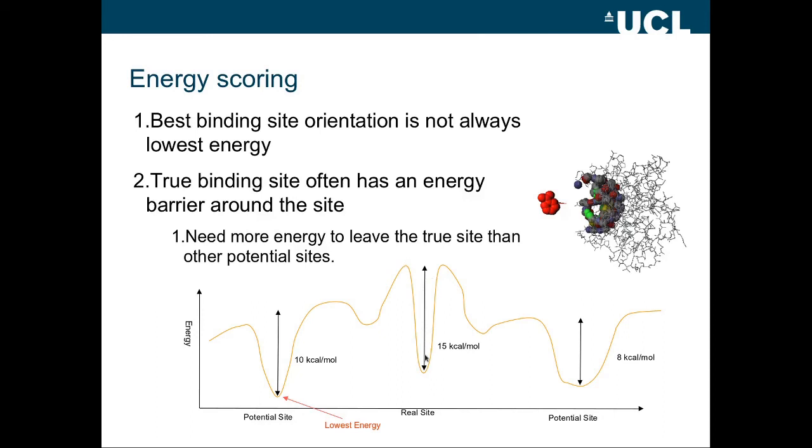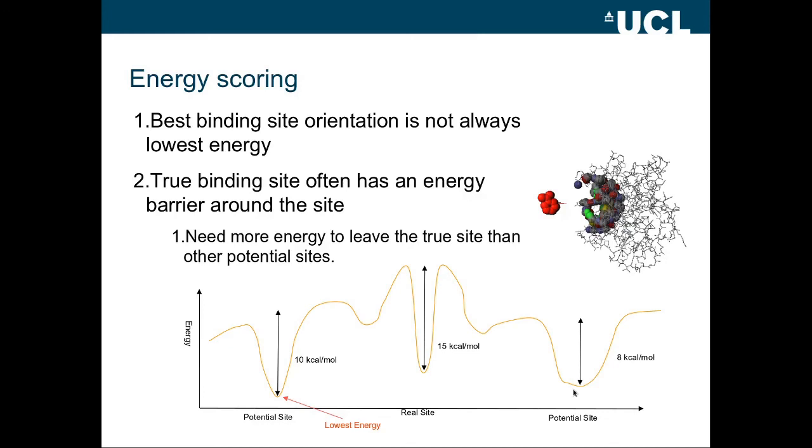So once we get stuck in this local minimum, we're much less likely to escape. So in this case, this might be the real site, while these were potential other sites, both of which, if we're just looking at energy of the actual conformation, score lower.